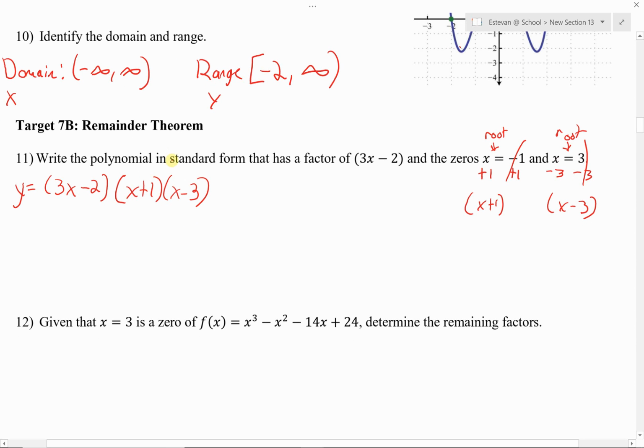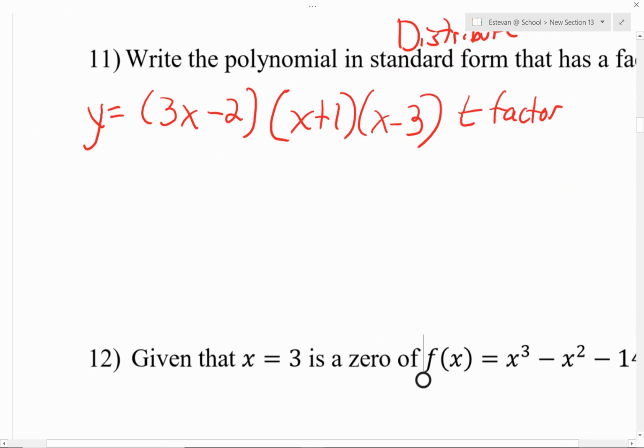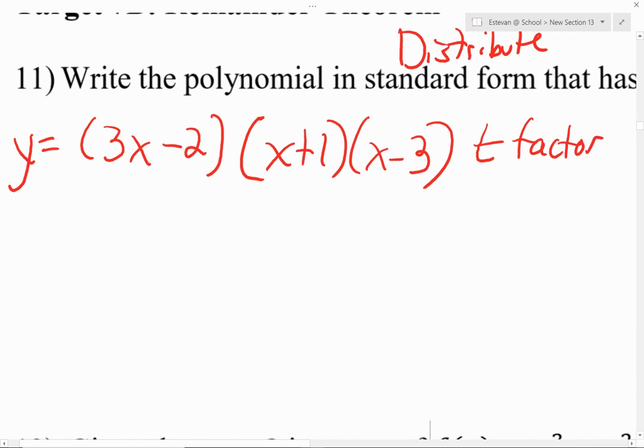Alright, since they want standard form, remember this is known as factored form. That's factored form. Standard form, we have to distribute. So I'm going to zoom in for more space, and obviously so I can write neater.